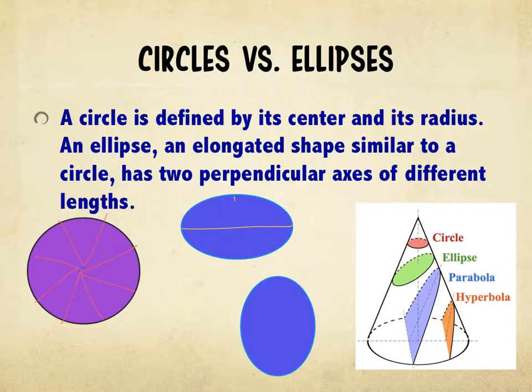So one's going to run horizontal, one's going to be vertical, and where they meet is a right angle. So they don't have radii because they're not all the same length, okay? But you have two axes, a vertical one and a horizontal one. One's called the major, the major is the big one, major and minor.